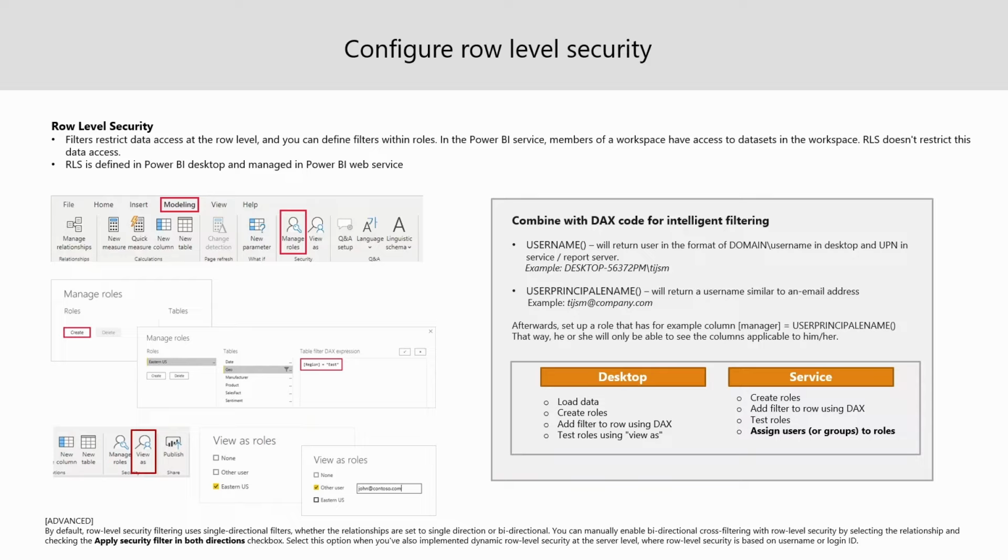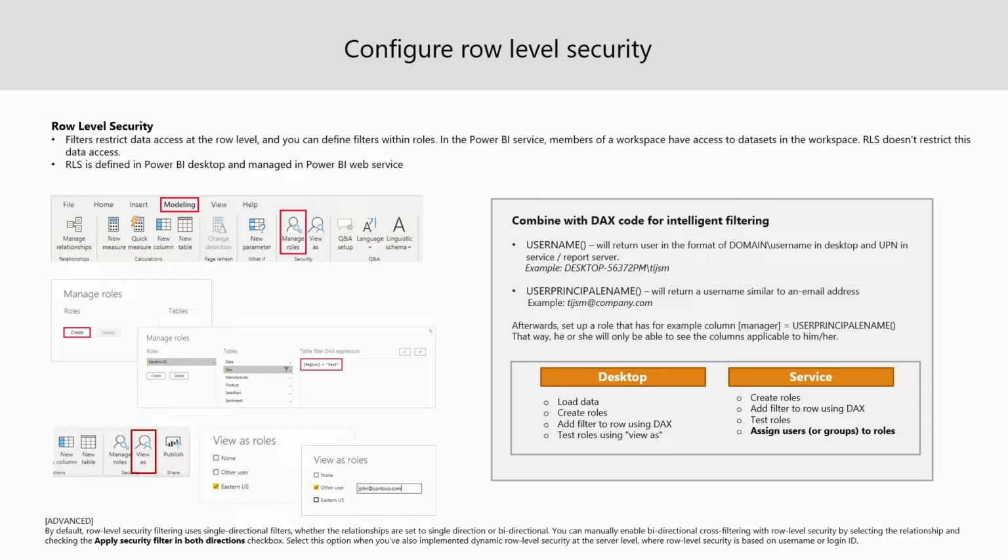In the left example here, we use DAX to specify that the role Eastern US can only see the value East in the column named Region. So they won't be able to see any other rows that have another region specified in that column.